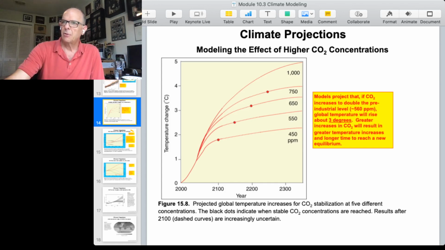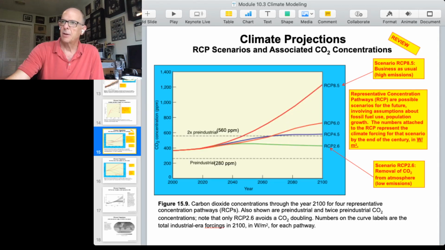So these different projections for the abundance of carbon dioxide in the atmosphere result in different temperature changes. And you can see that they can result in some cases in extreme temperature changes of over 3 or 4 degrees Celsius, or degrees Kelvin, in the future. So we get to these different levels based on the amount of additional watts per square meter of forcing, or rather, I should rephrase that.